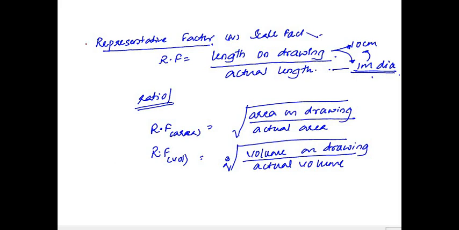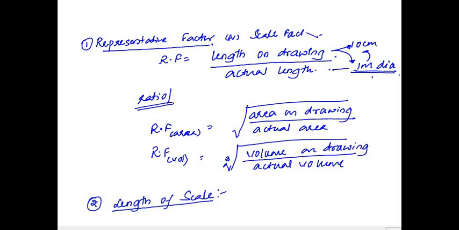Right. The second one we want to discuss is the length of the scale. Once we know the representative factor, using that representative factor, we can construct a scale of any length. It is not so.